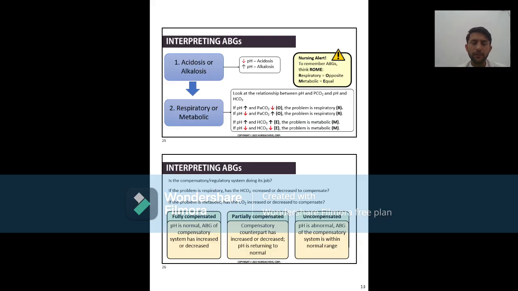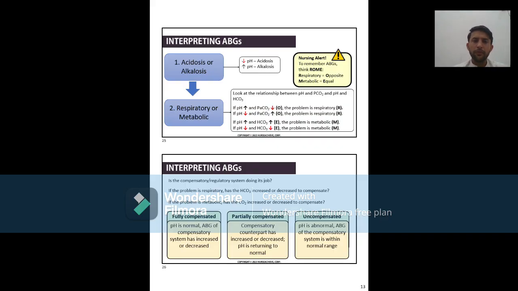To interpret the ABGs, we also look at whether the compensatory or regulatory system is doing its job. If the problem is respiratory, has the bicarbonate worked, increasing or decreasing? On the basis of that, we call it fully compensated, partially compensated, or uncompensated.